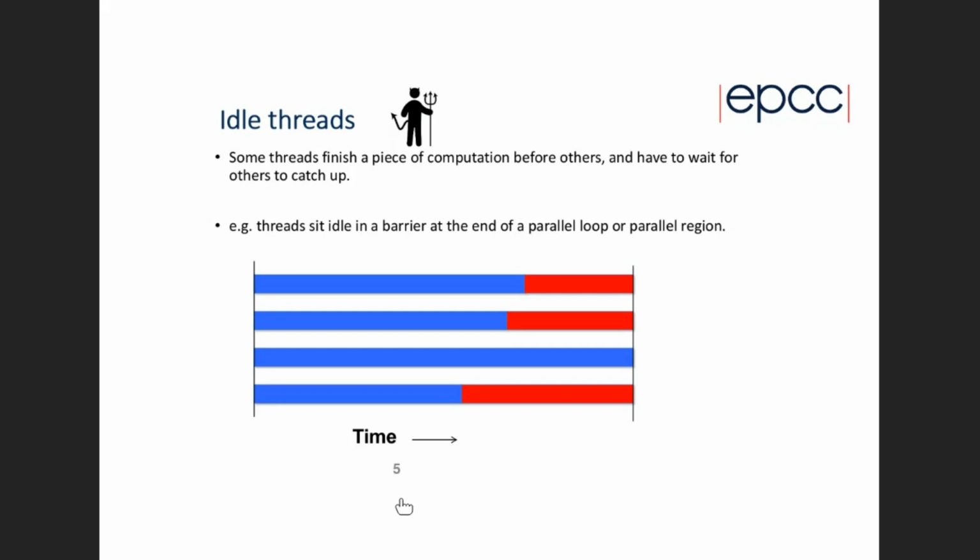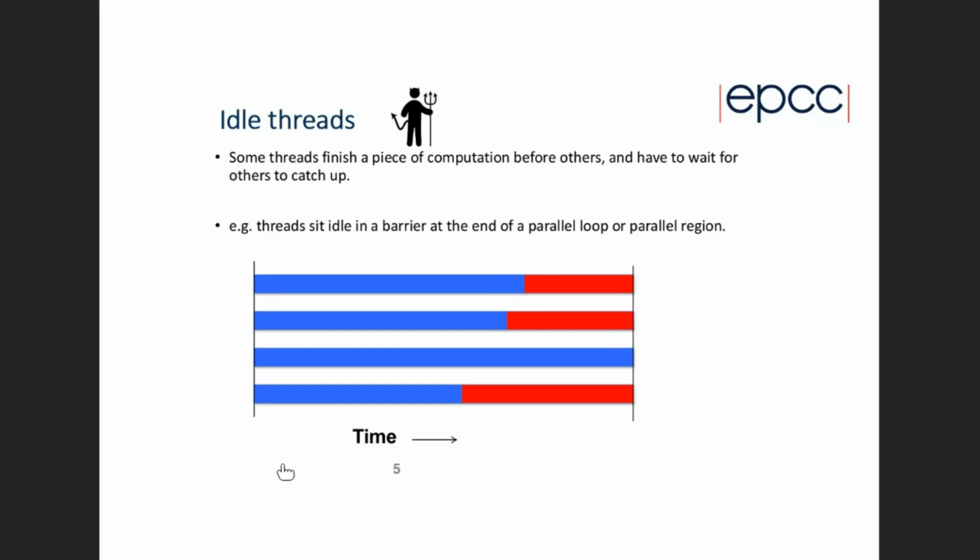For example, OpenMP is full of implicit barriers. At the end of every parallel region in OpenMP, the end of every parallel loop, there's an implicit barrier. So all the threads synchronize at that point.